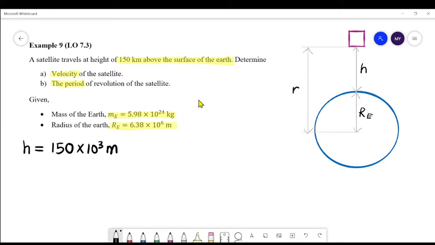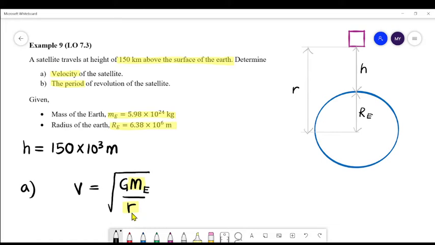Bila kita nak cari velocity of the satellite, kita akan gunakan rumus velocity is equals to square root of g times m over r. Di sini, dua kuantiti ni, mass dan juga r. Okay. Mass itu adalah mass of Earth.